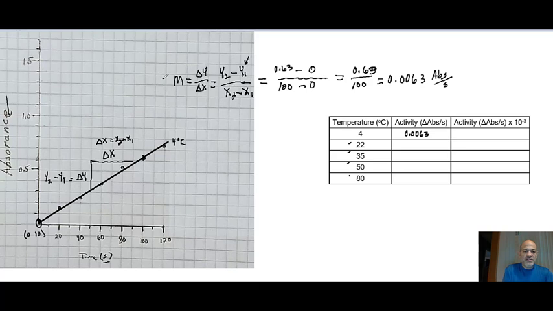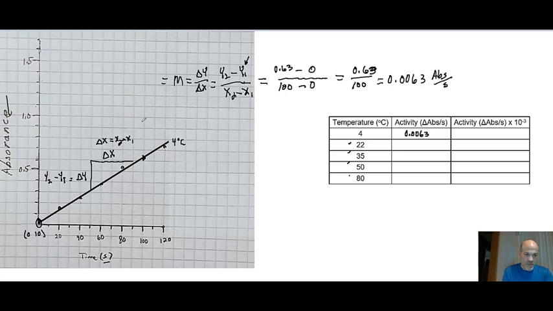Now, the slope, as was talked about earlier in the lab, of any quantity versus time graph is going to be considered a rate, like a speed of whatever the y variable is changing at.